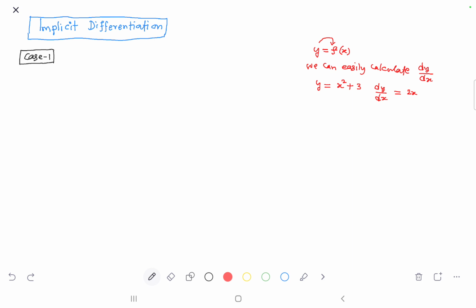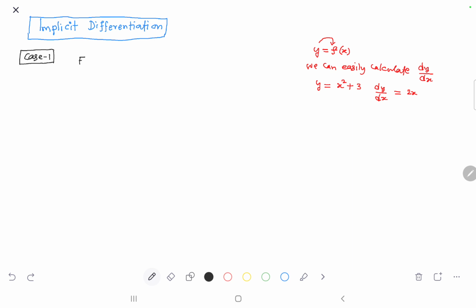Now, suppose, instead of having y directly as a function of x, suppose we have a relation between x and y, and we want to calculate the derivative of y with respect to x. So how do we do that kind of thing? That I'm explaining here to you.